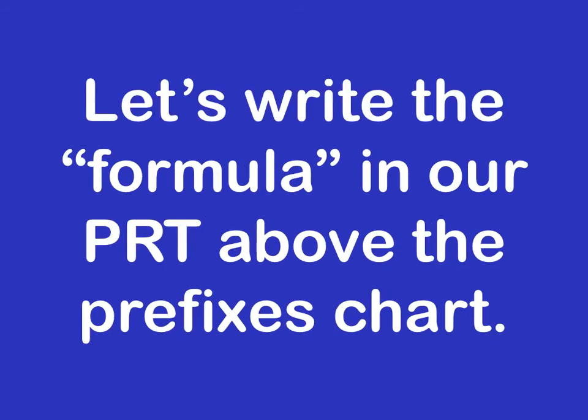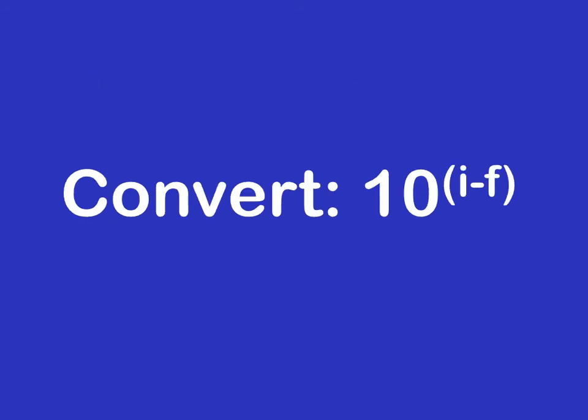So what we want to do now is write the actual formula that we're using in the reference tables above the prefixes chart. The formula for converting is 10 to the I minus F, where I is the power of the initial prefix, and F is the power of the final prefix.